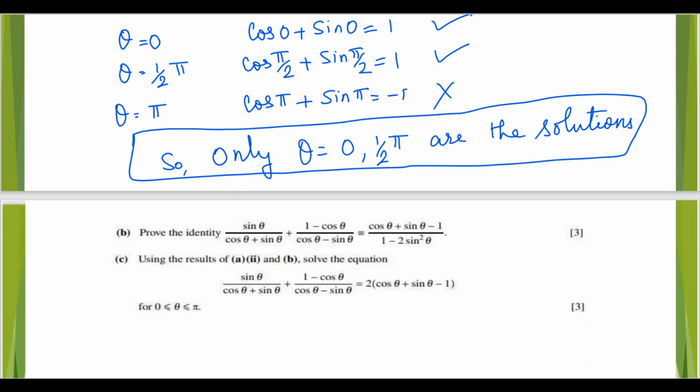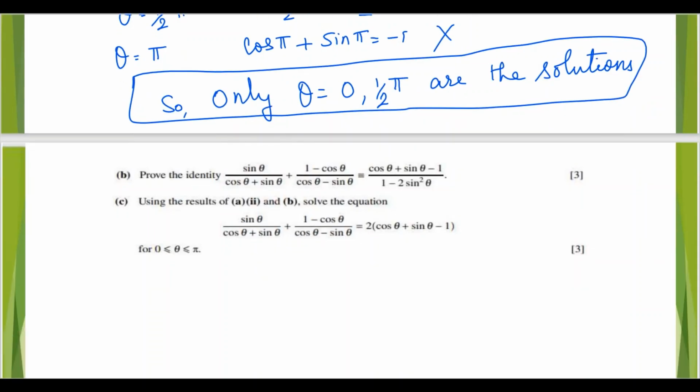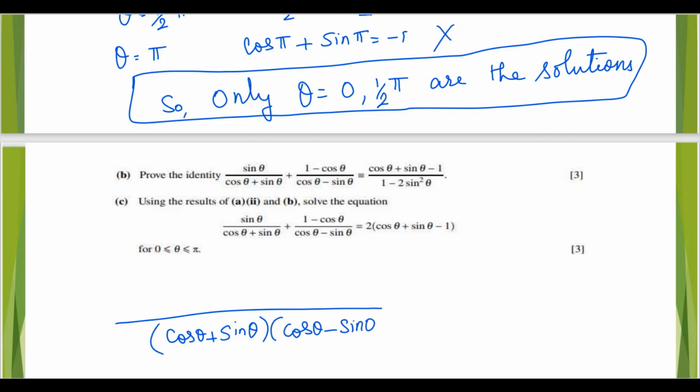Here, if you look at the denominator, it is of the form a plus b multiplied by a minus b, and we know that it is a square minus b square. Now let us take the LCM. Cos theta plus sine theta multiplied by cos theta minus sine theta.